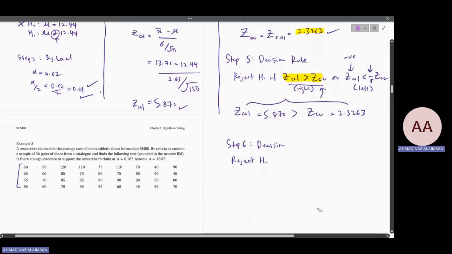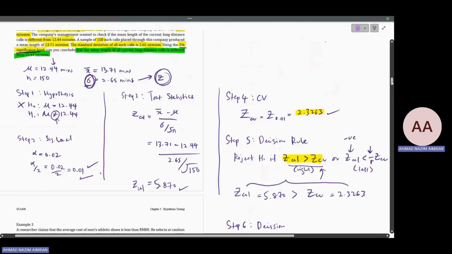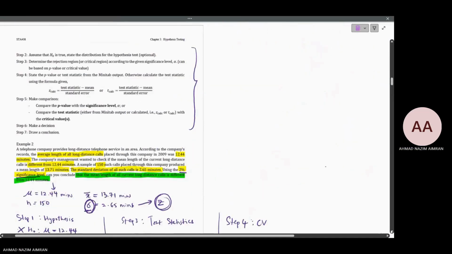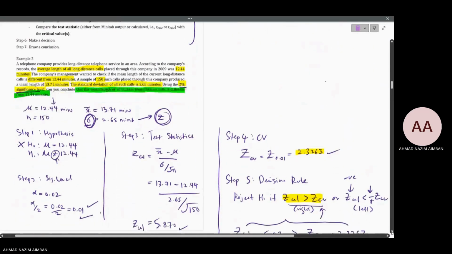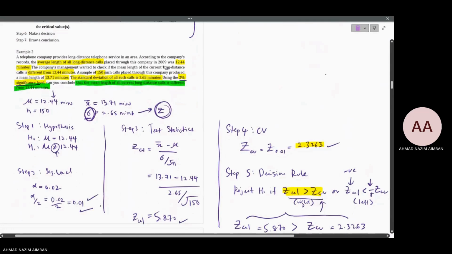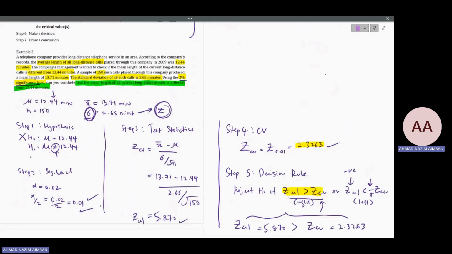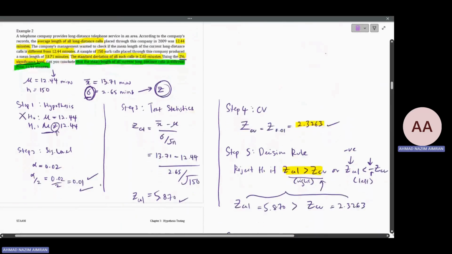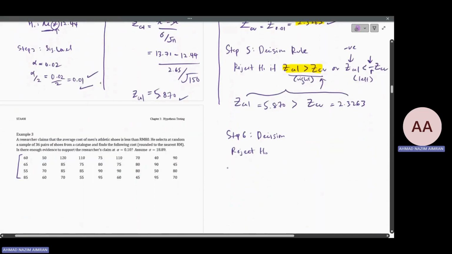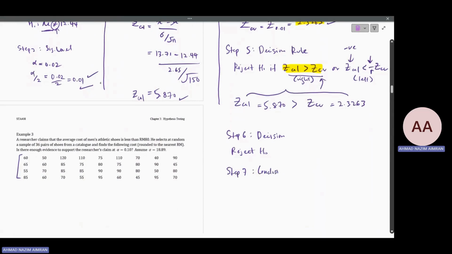And since we reject H null, it means that we can conclude that the mean is different from 12.44. So for the conclusion, step 7, the conclusion.